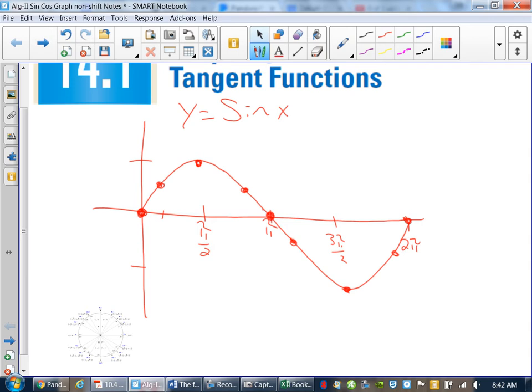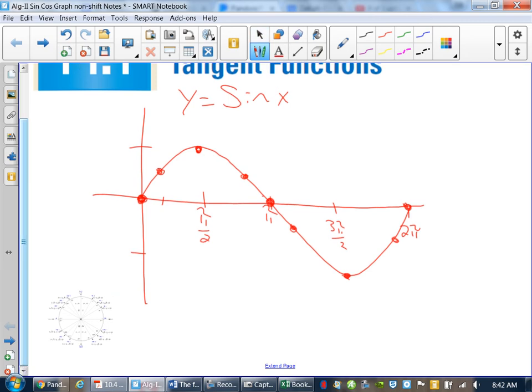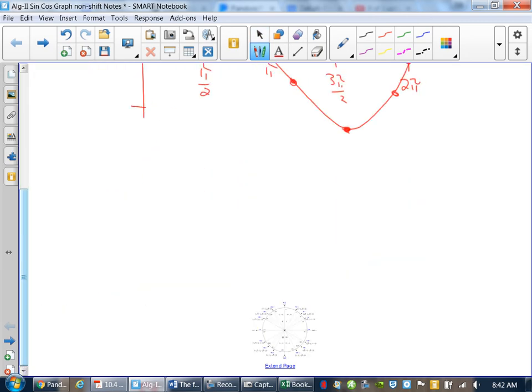Okay? Not bad. Cosine, on the other hand, is basically the opposite of that. Cosine graph, as you think about the unit circle, cosine at 0 starts at 1.